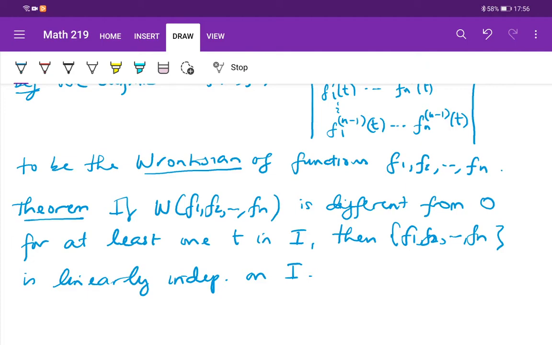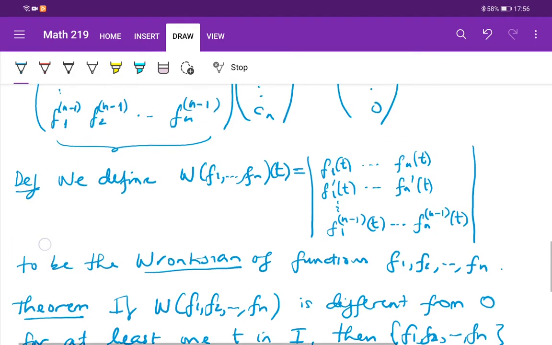It may be different from 0 on the whole of I, but that's not what we're asking. We're just asking if it will be different from 0 for at least one t. And if that's the case, then these functions will be linearly independent on I.